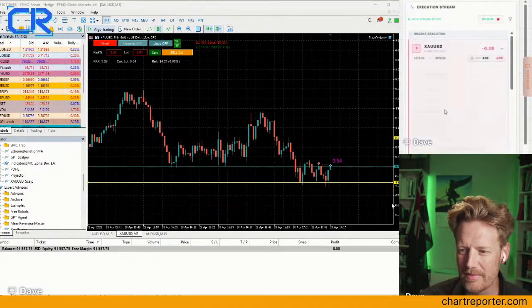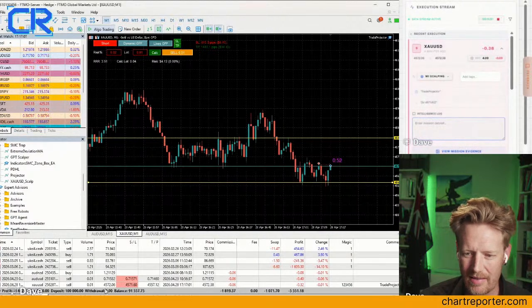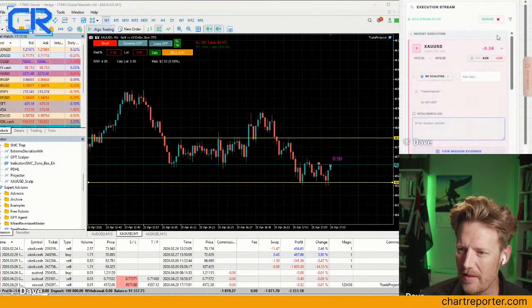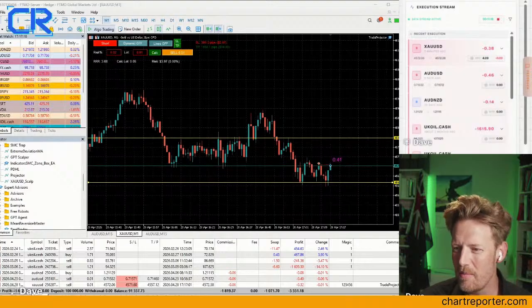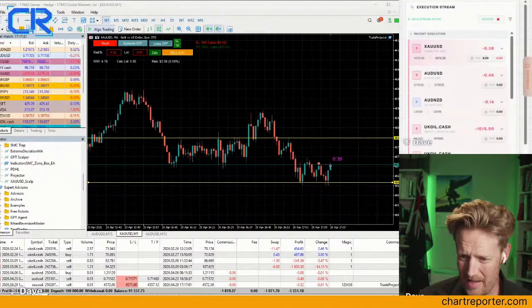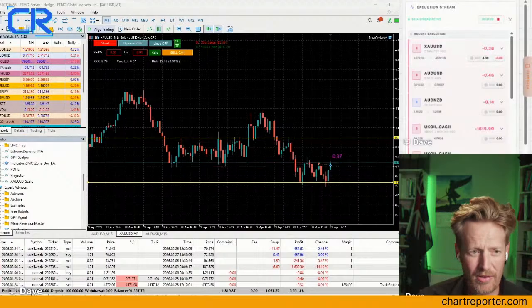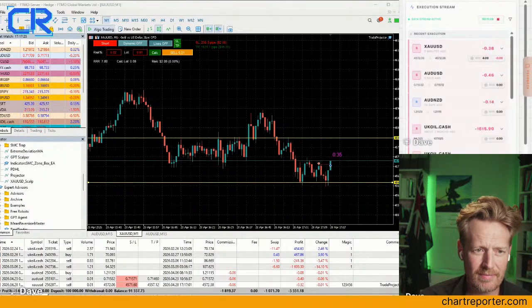Oh, it exited break even. Look at that. Okay. So there's my gold trade. I planned it to be an RR of 4, but because after fees, it exited at 38 cents.